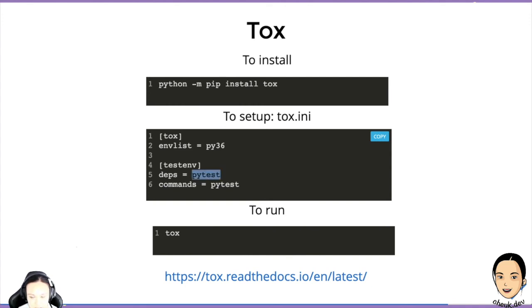If you run the tests, you have to install PyTest, so you put PyTest as the dependency there. And how are you going to run the test? It's the command that you put in. So it's pytest, but it can be multiple lines. It could be other things. It could be, oh, I have to go into the tests directory, so you do cd tests or something, and then run your PyTest there because you prefer to.